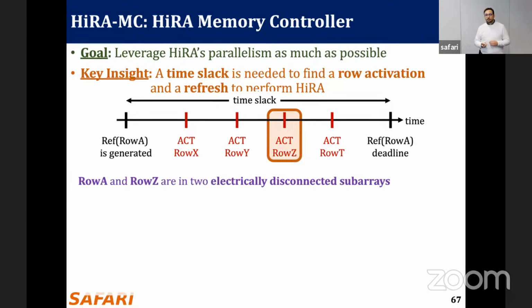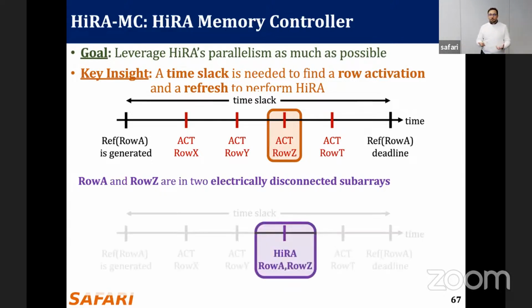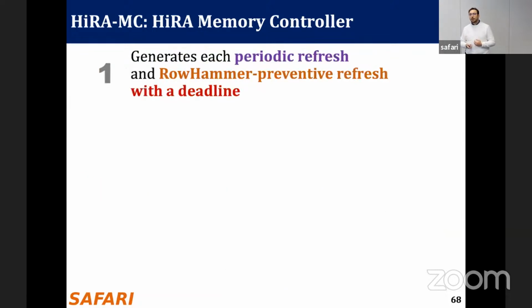And let's say, for the sake of this example, row A can be parallelized with row Z. Then the HiRA memory controller basically replaces the activation command with a HiRA command, or activation-precharge-activation command sequence. And by doing so, it performs these operations in parallel and reduces the refresh latency, basically, or the time spent for the refresh operation.